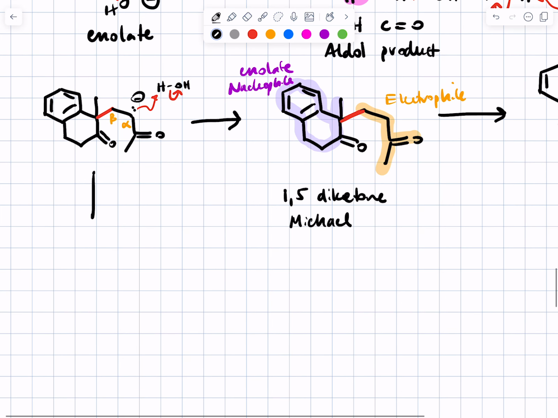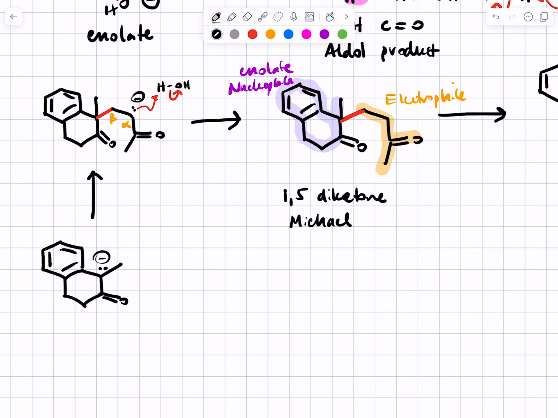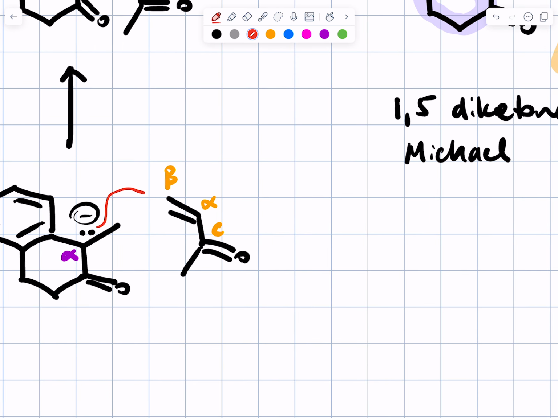Okay, the immediate precursor to that should look like this. Here's the ketone, and I need a negative charge on purple alpha proton so that it can attack the beta carbon on my electrophile, which should look like this. And that mechanistic step goes as follows.